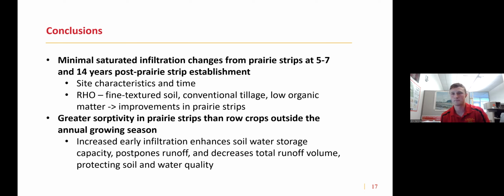There was a question here: what's the attitude of Iowa farmers with respect to increased weed pressure that may come from prairie strips? Feel free to help me out, Matt. There has been some research showing that the impact of prairie strips with regards to increasing weeds within the field is negligible. As far as the attitude of farmers goes, I'm not 100% sure if we've done a survey on that or not.